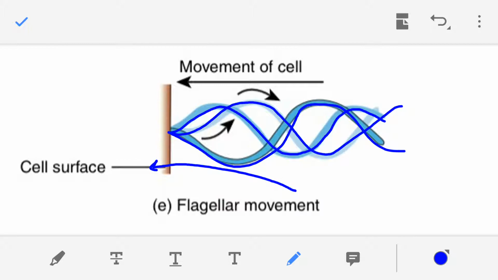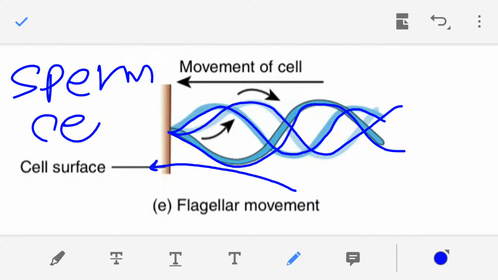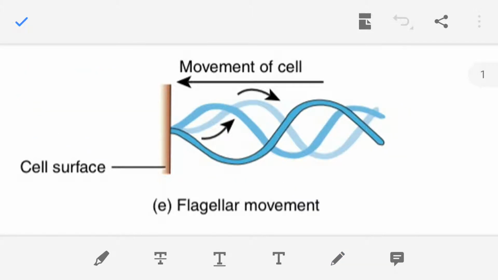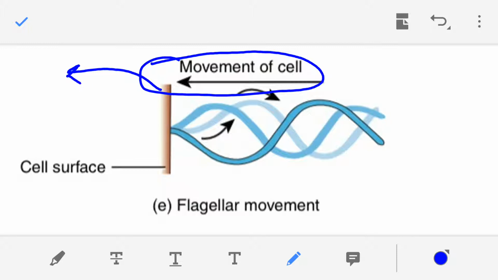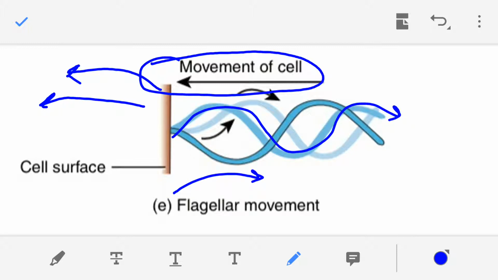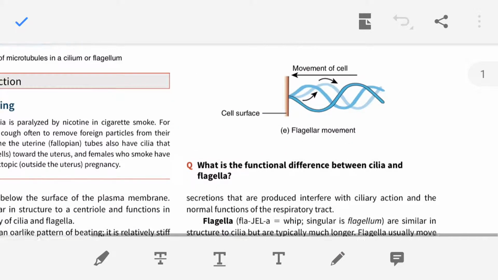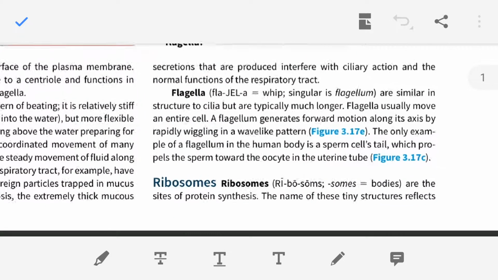Here the sperm cell body is present over here, and this entire sperm cell body is pushed in this direction. So the entire sperm cell or spermatozoa will move in this direction. This is the direction of movement of the cell, and this is the direction of movement of the flagella. So this is the flagella movement the figure is showing.